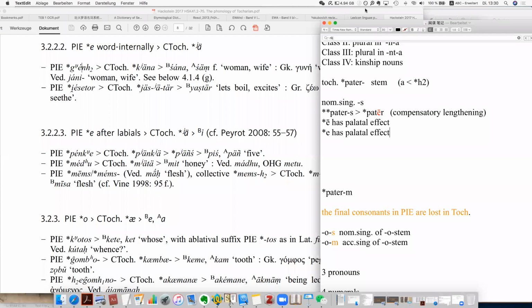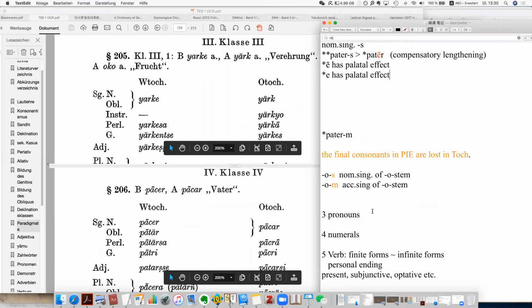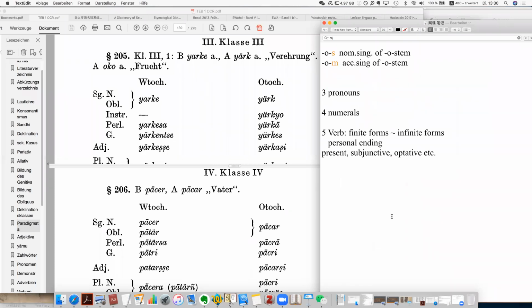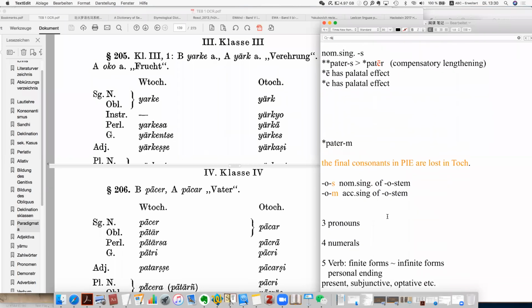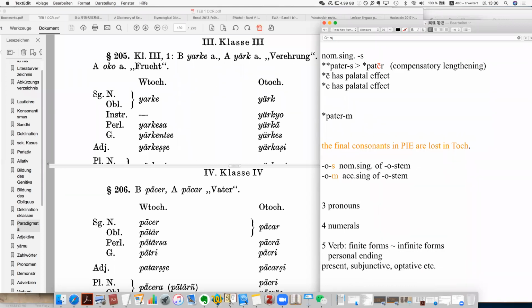Okay, so let's move back to the grammar, and then this pater. So this pater should actually also become pacer, but it has a different grade.